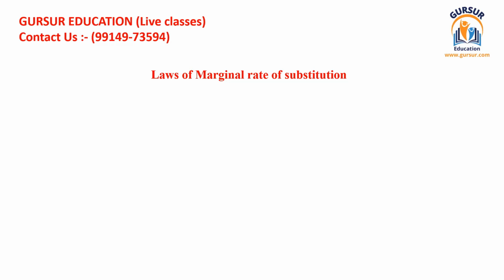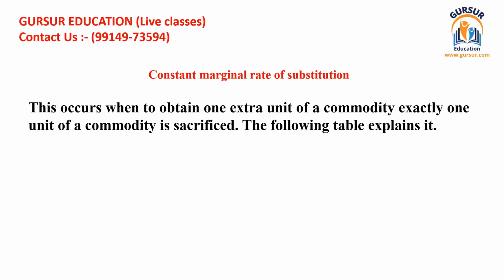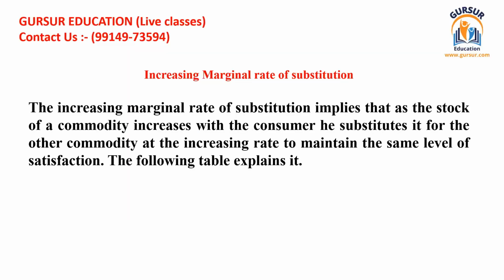So it contained three laws. The first, we talked about diminishing marginal rate of substitution, which is also known as decreasing marginal rate of substitution. Secondly, we learned about constant marginal rate of substitution, and finally we understood increasing marginal rate of substitution.